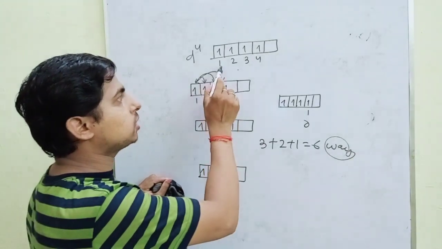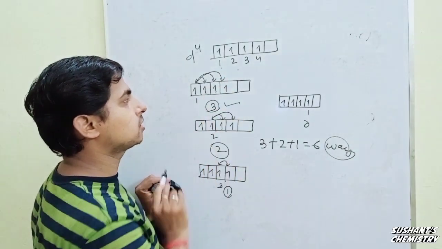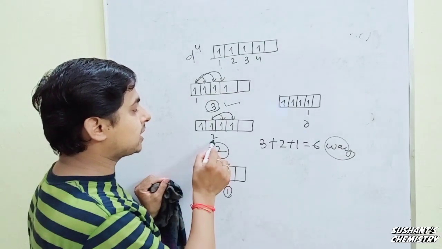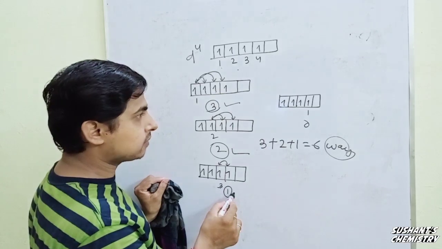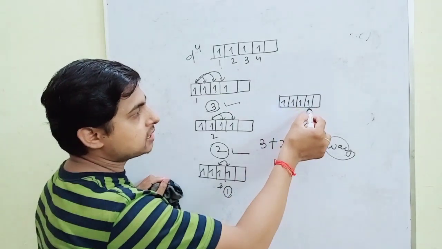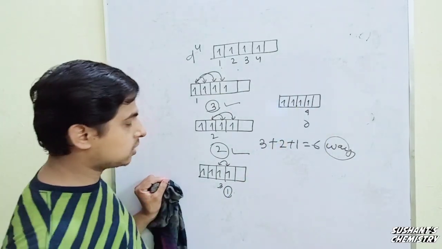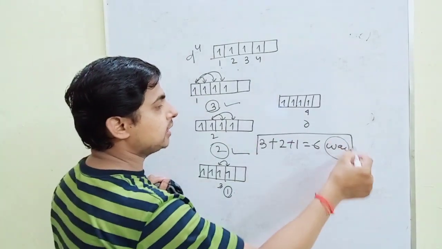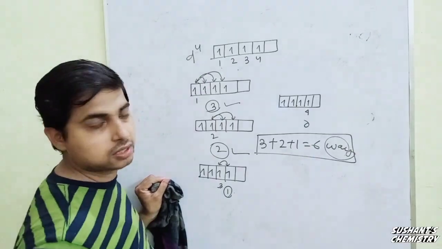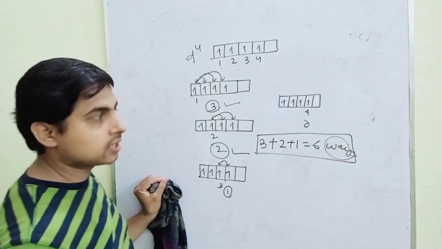So the total number of exchanges in D4 configuration equals 6 ways.